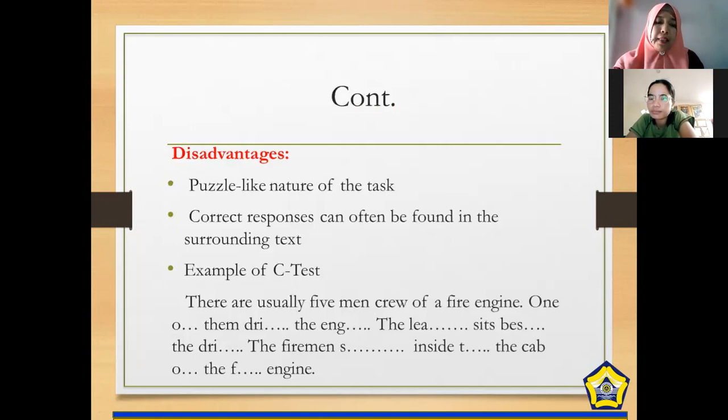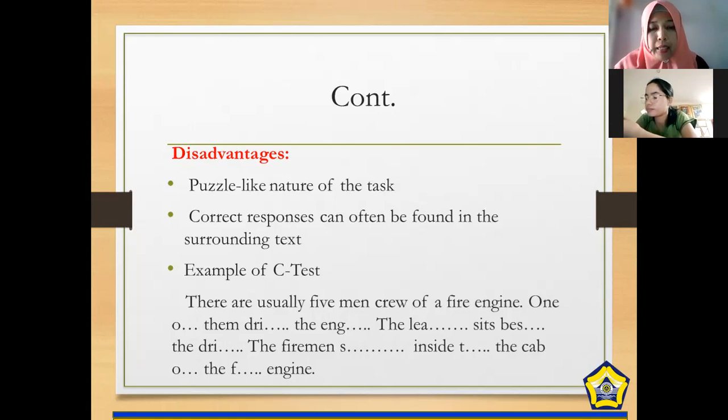Okay, these are the disadvantages of the C-test. The first one is the puzzle-like nature of the task, and the second one is that the correct response can often be found in the surrounding text. These are the two disadvantages of the C-test, and then here is the example of the C-test.